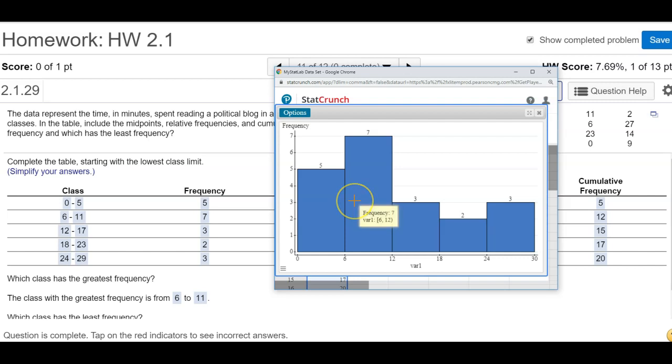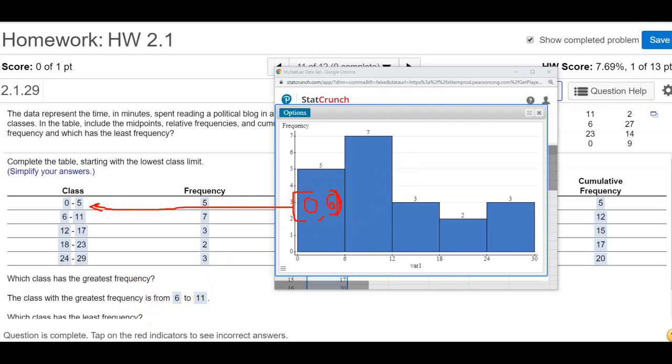So let me go ahead and write this down. When I move the mouse, this is what I get, 0 to 6, right? This is a parenthesis right here. But remember, how do I put it? I put 0 to 6 minus 1, which is 5.